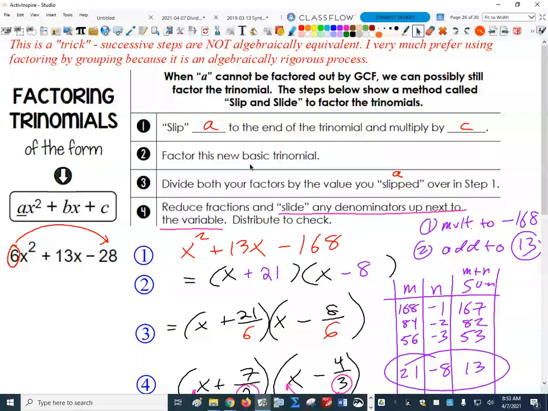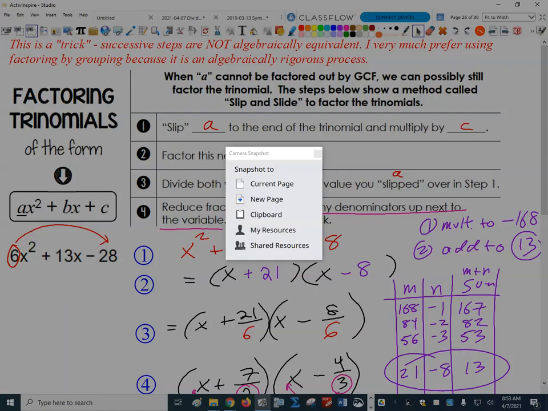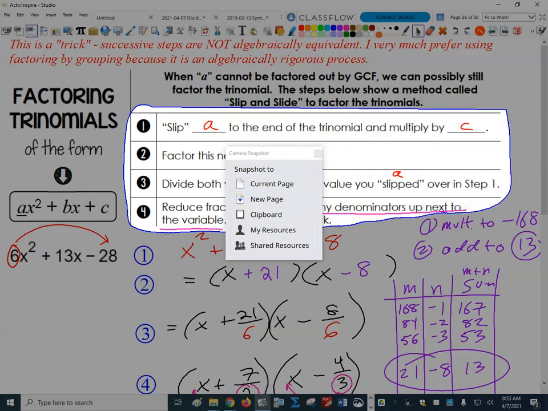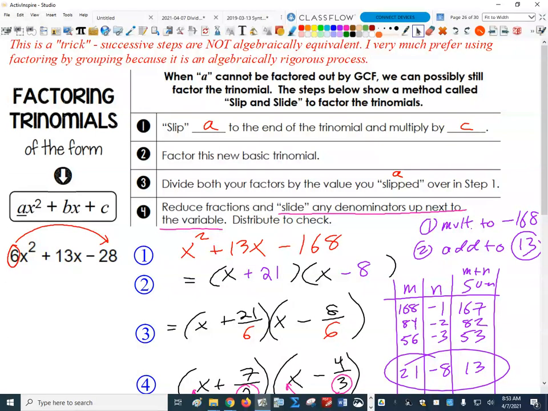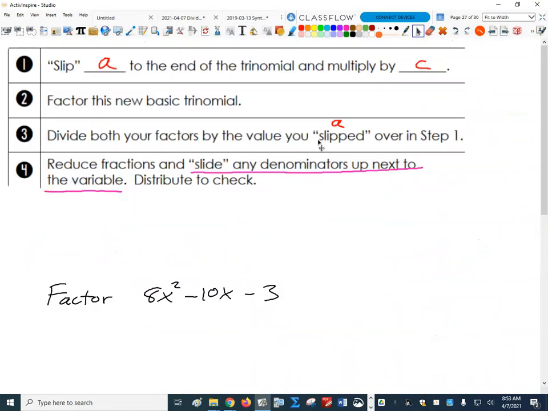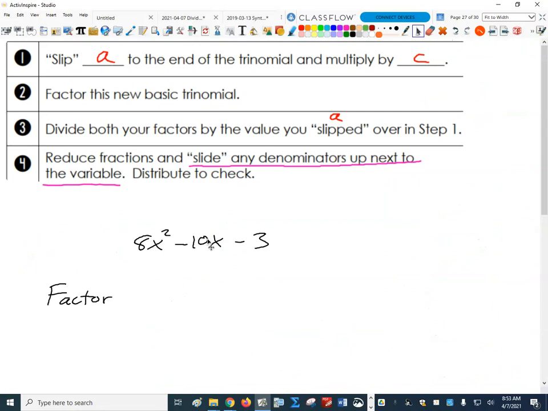All right, let's do this. Get to play with my fancy toy here. I like this. So there's your steps.